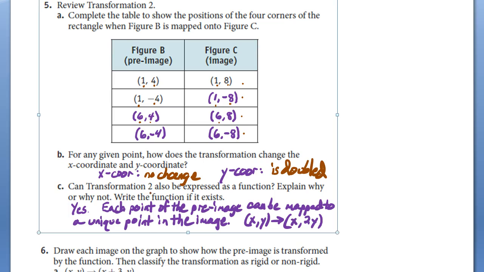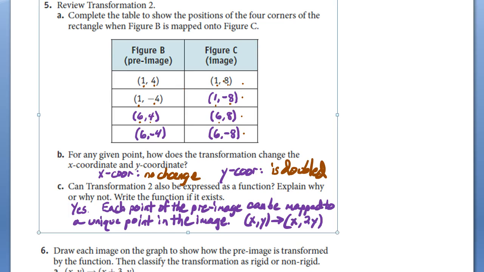Question C, can transformation 2 be expressed as a function? Explain why or why not, and write the function if it exists. And the answer is yes. It can be written as a function because each point of the pre-image can be mapped to a unique point in the image. We saw that with the four corners of the pre-image.